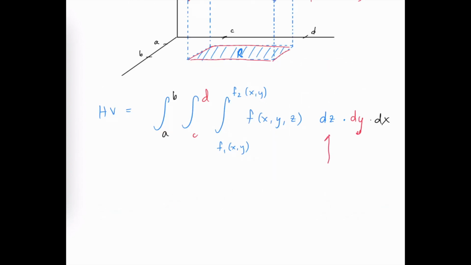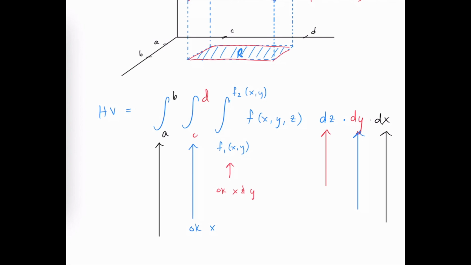So when we're integrating with respect to z, it's okay to have x's and y's in the limits, because those are being held constant. When we integrate with respect to y, it's okay to have x in the limit because that's what's being held constant in that second iteration. And in the last iteration, the limits of integration need to be constants with respect to all of the variables.